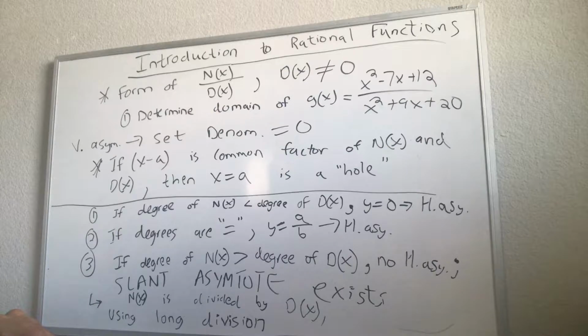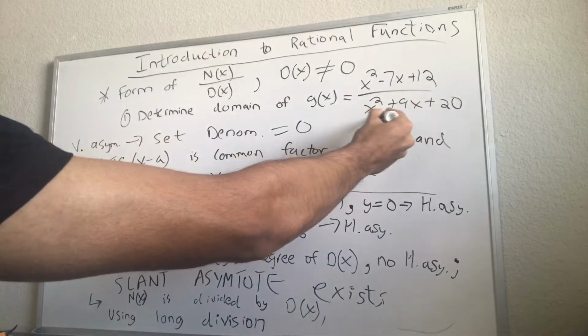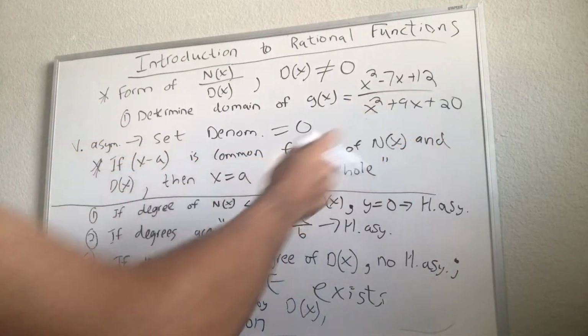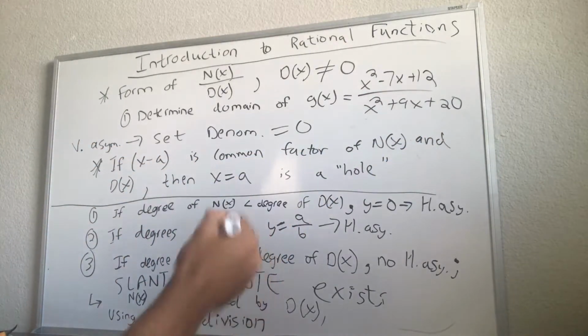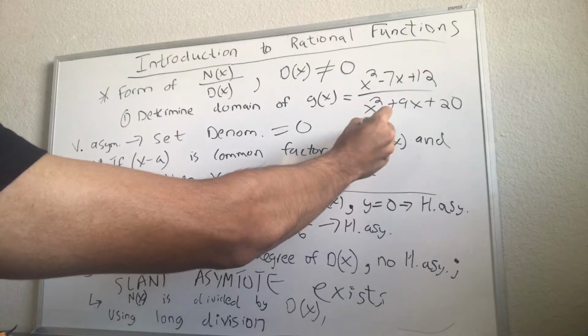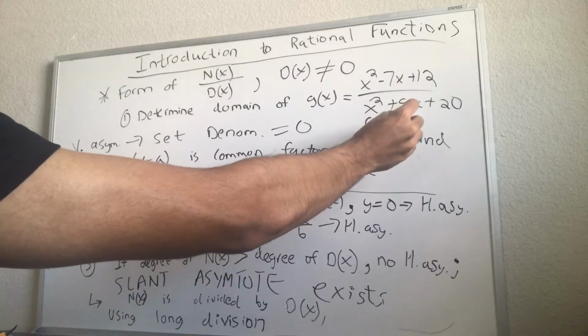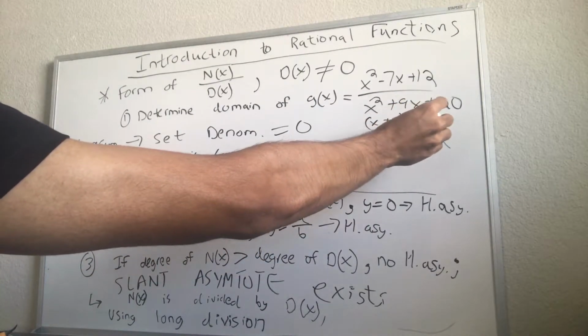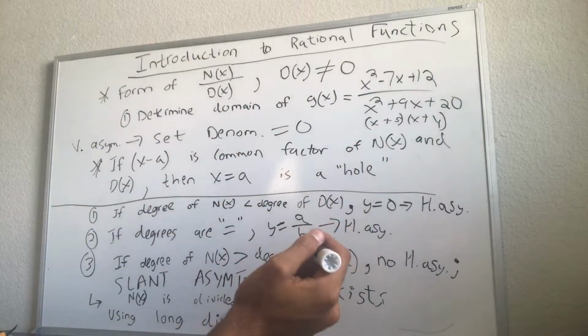However, we have to be careful to make sure that we are excluding all possible x values that are giving 0 in the denominator. If we think about this, x squared plus 9x plus 20, right? This is what we have here. And if we want to factor this out, really this is x plus 5 times x plus 4, right? That's exactly what it is in the denominator.